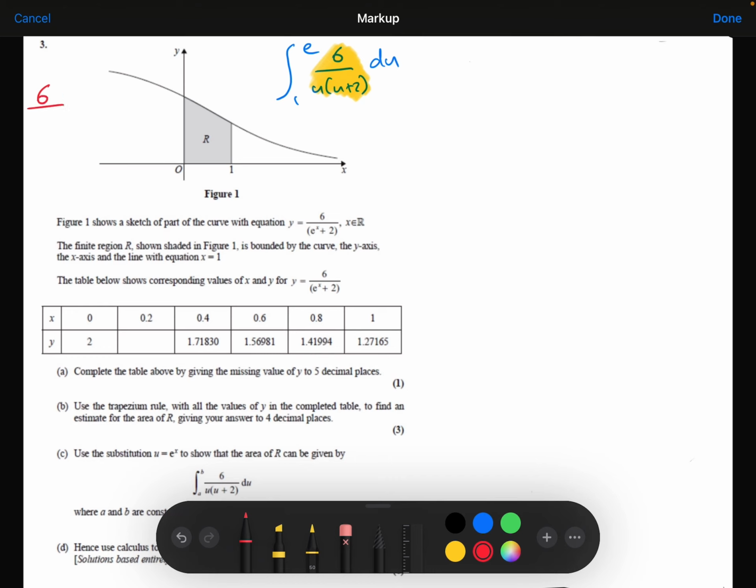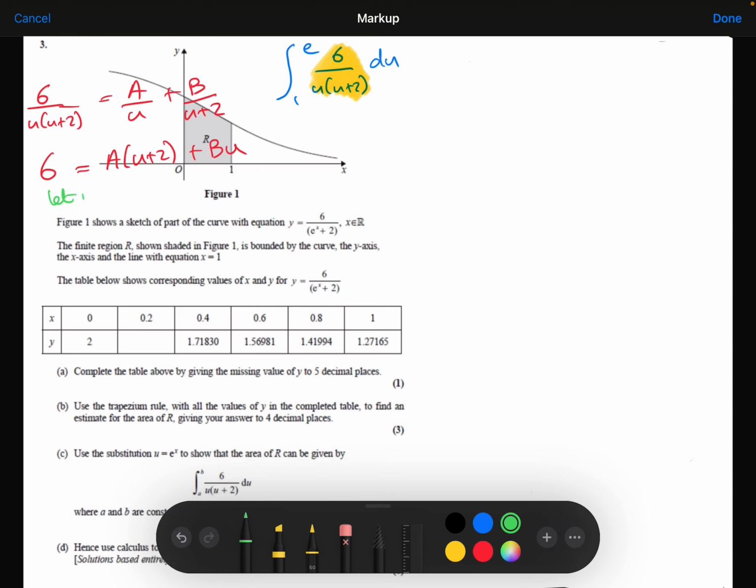Let's call 6 over u times u plus 2 equal to a over u plus b over u plus 2. We can then say that 6 would need to equal a times u plus 2 plus b times u.